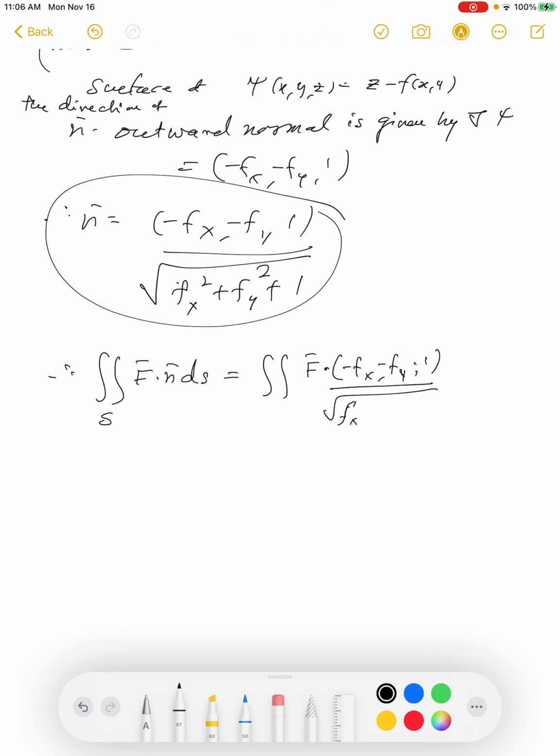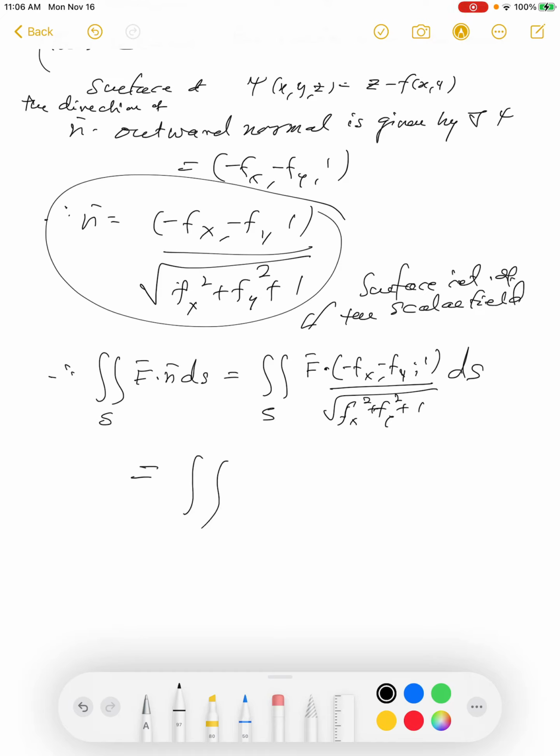This divided by root of fx square plus fy square plus 1, ds. But this we saw, this is the surface integral of a scalar field. By our previous formula, this is the double integral on d of f bar dot minus fx, minus fy, 1 over root of this.